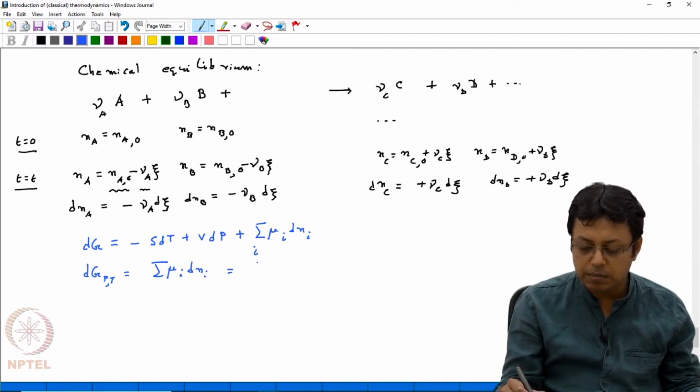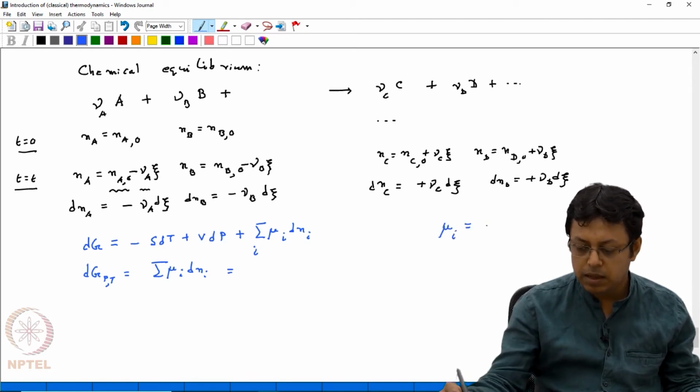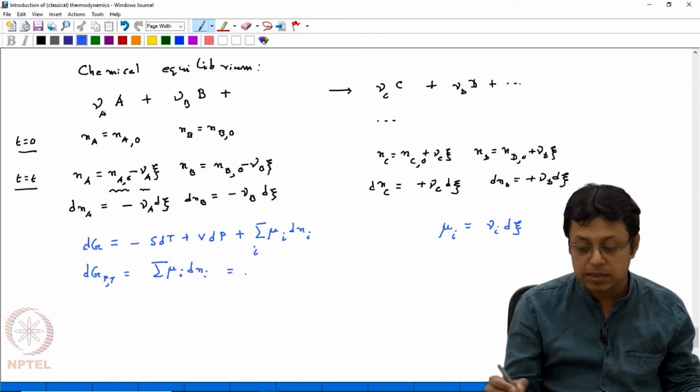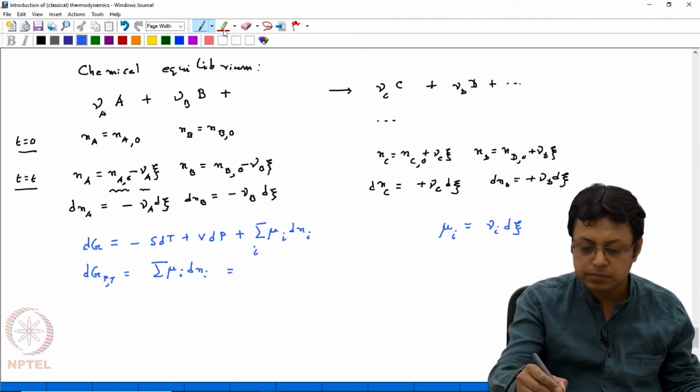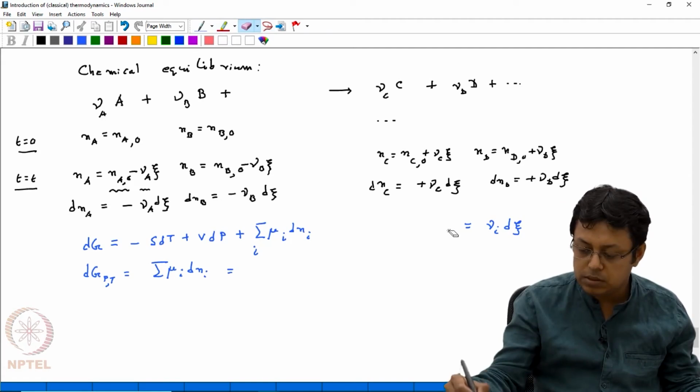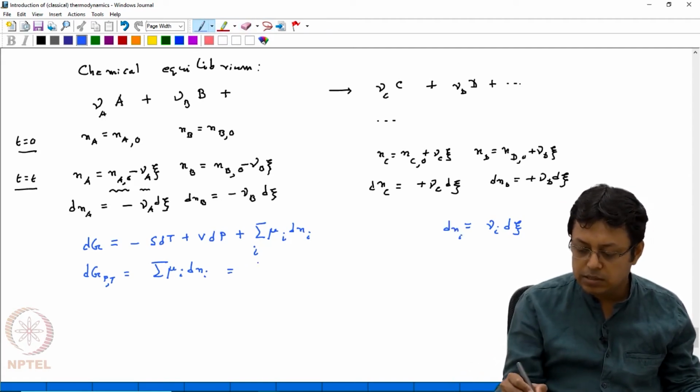So dG is the sum of mu I times nu I, with the sign included, times d xi, where the dNi part is replaced by nu I d xi, with the sum.